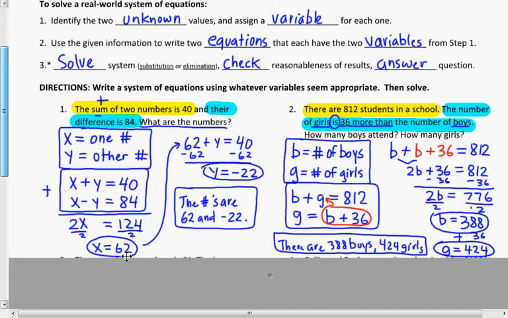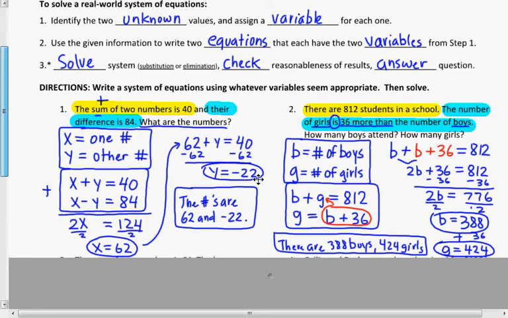Okay, and so at this stage, once we know one of the variables, we then substitute it into one of the original equations. I used X plus Y equals 40. And so it was 62 plus Y equals 40. And then I subtracted 62 on both sides and got Y equals negative 22.